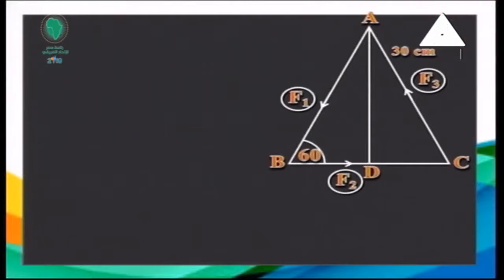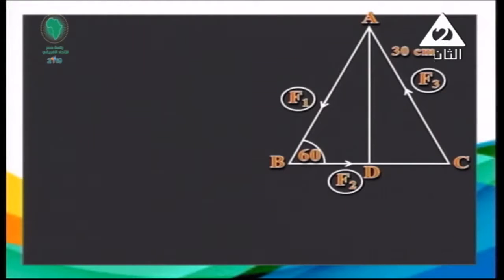My dear student, look at ABC. We have three forces, F1, F2, F3, represented in the direction of rays AB, BC, CA. Remember, ABC is an equilateral triangle. My dear student, what is the length of AD?